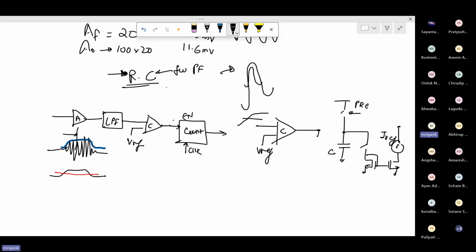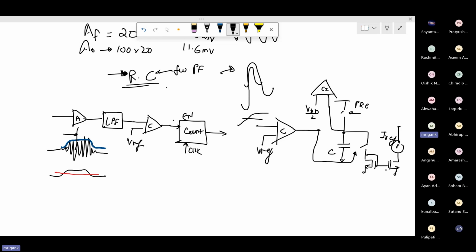The moment this comparator output goes high, it starts discharging this cap from VDD towards ground. If the envelope remains high for a long duration, eventually it will go to ground. So here we can compare it with another, say, crude comparator C2, with VDD by 2.